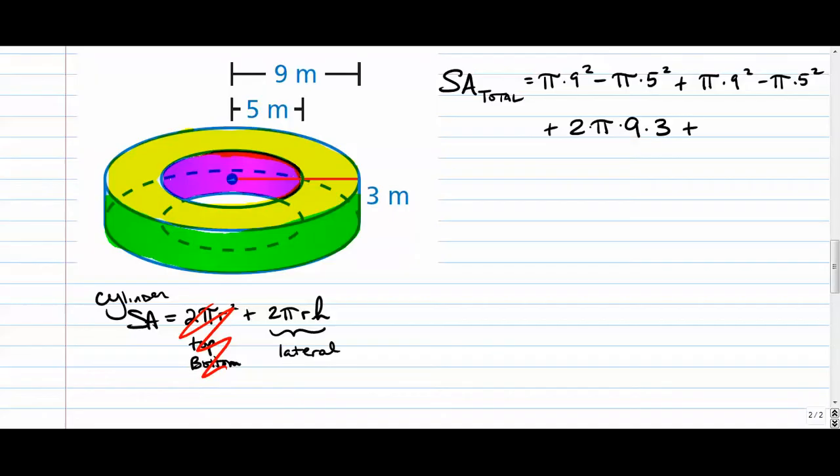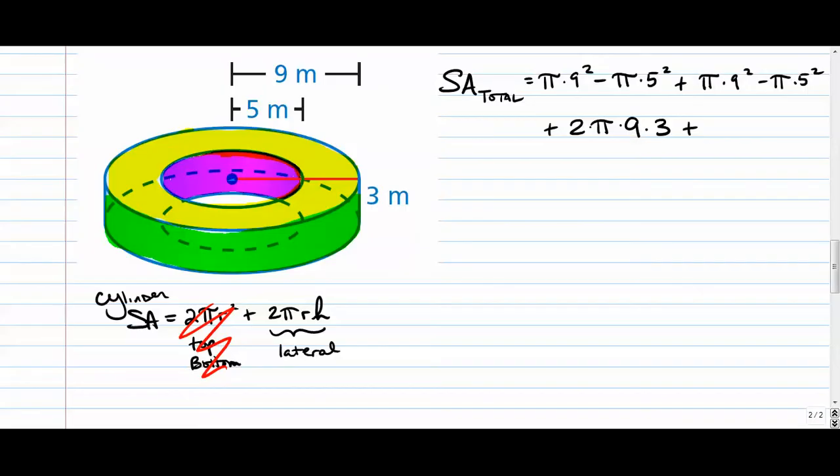And I know that because if we were to ask ourselves the question, what part of this whole solid is being hit by air? In other words, what part is on the surface that the air is actually touching? You would have to include this purple section because air is getting inside of there, so it is on the surface. In other words, if we had to paint this whole thing these colors, you would need yellow for the top and bottom, green for the side, and purple for the inside.